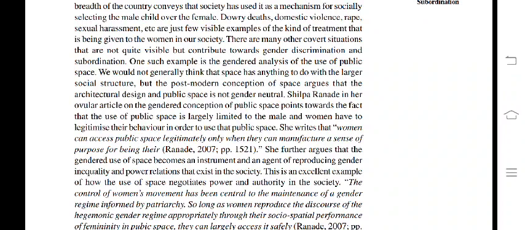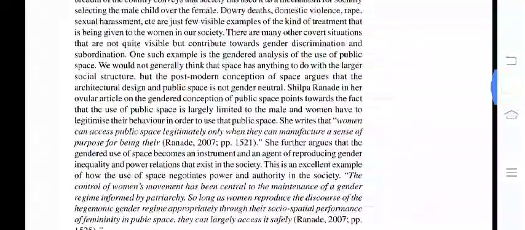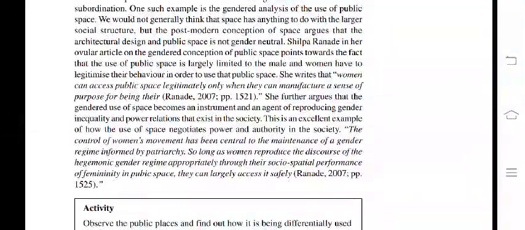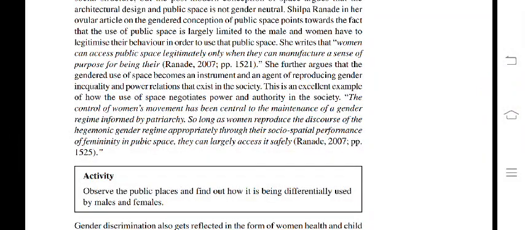The control of women's movement has been central to the maintenance of a gender regime informed by patriarchy. So long as women reproduce the discourse of the hegemonic gender regime appropriately through their socio-spatial performance of femininity in public space, they can largely access it safely.